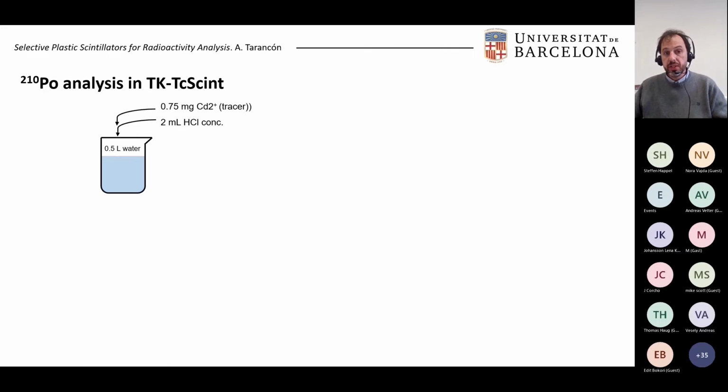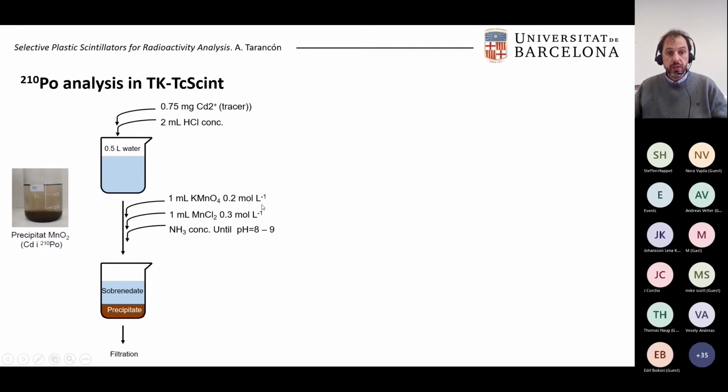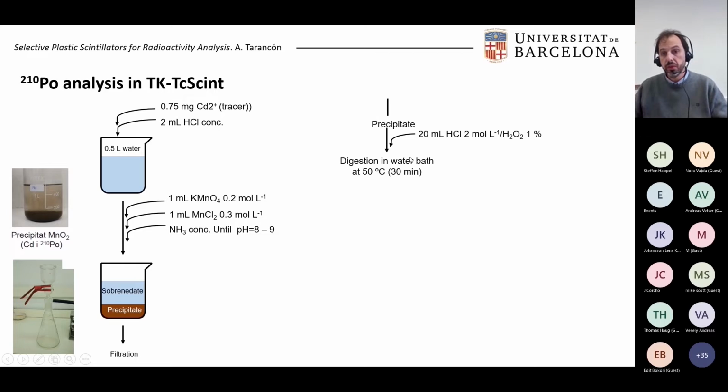So this is the complete scheme of separation and analysis of a water sample, in this case 0.5 liters. We add the tracer cadmium, then we precipitate with manganese, we filter in basic medium, and we redissolve the precipitate with hydrochloric acid with hydrogen peroxide, and then we digest the sample in order to have the polonium in the 4 oxidation state.